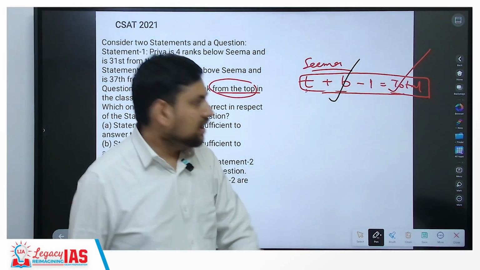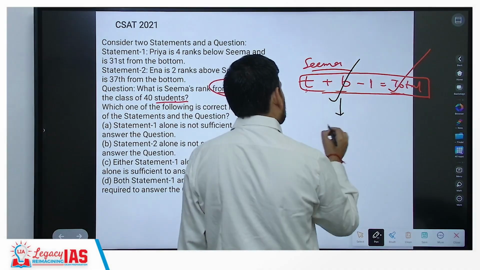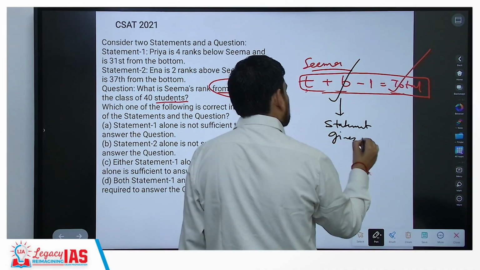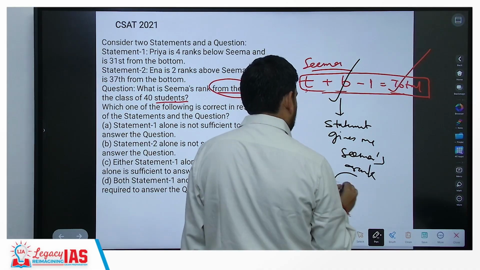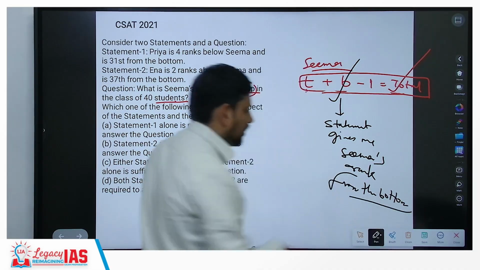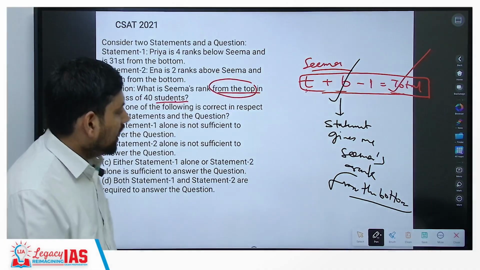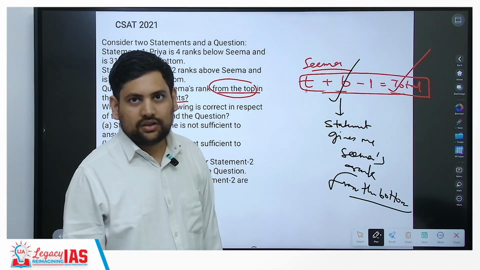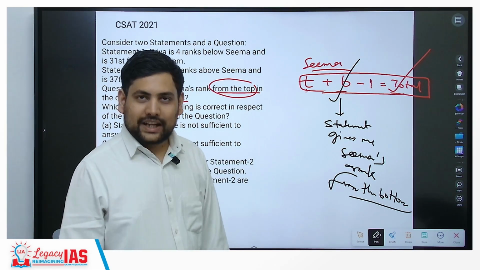The total is given already. So my question gets reduced to: which statement gives me Seema's rank from the bottom? Whichever statement gives me Seema's ranking from the bottom will be enough to answer my question. You understand this? This was the part that you needed from the ranking chapter.